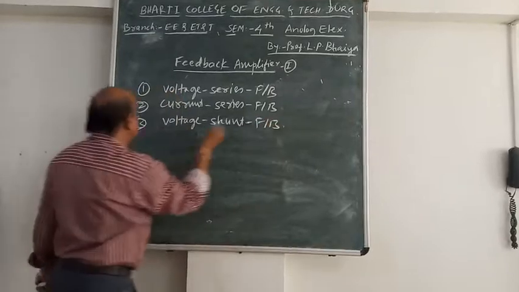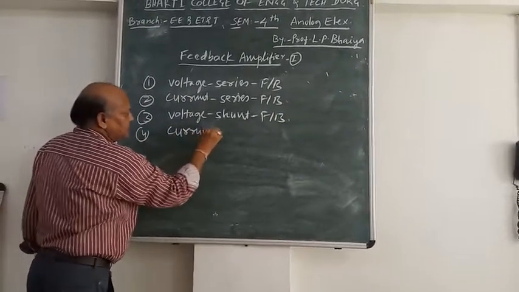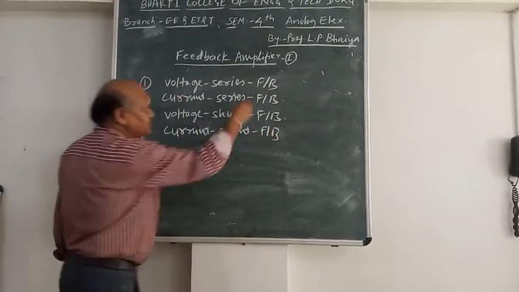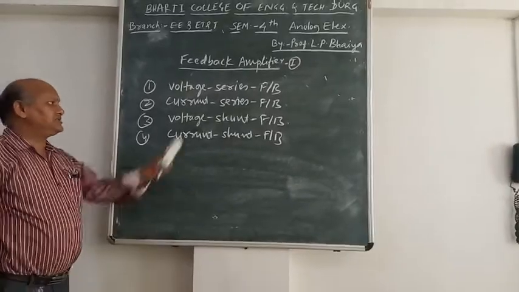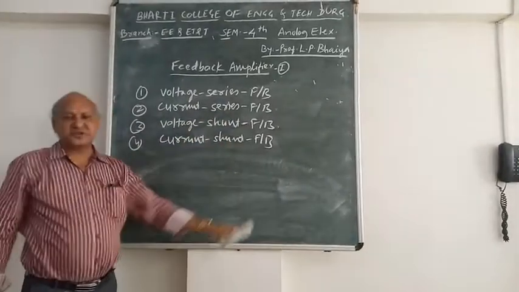And the last one is the current shunt feedback. So these are the four types of topology: voltage series feedback, current series feedback, voltage shunt feedback and current shunt feedback.